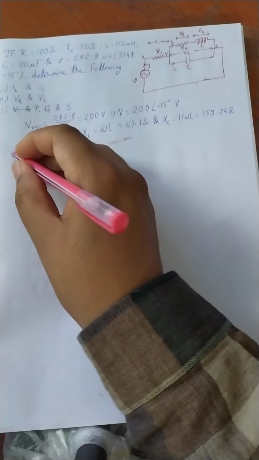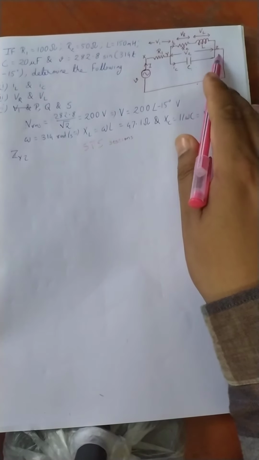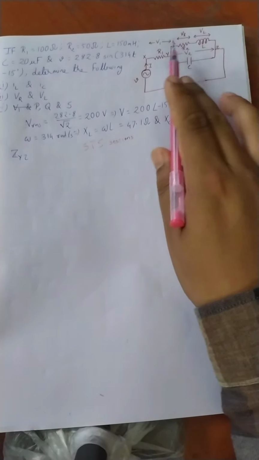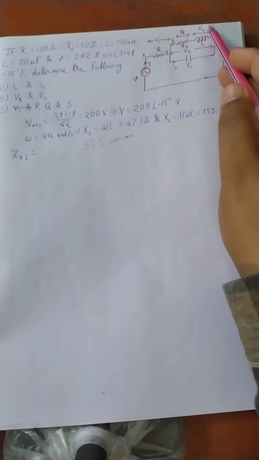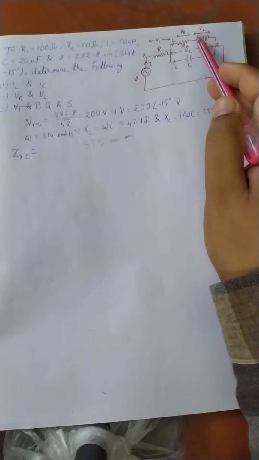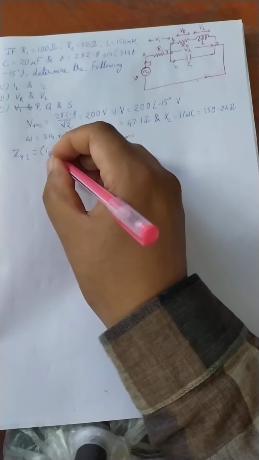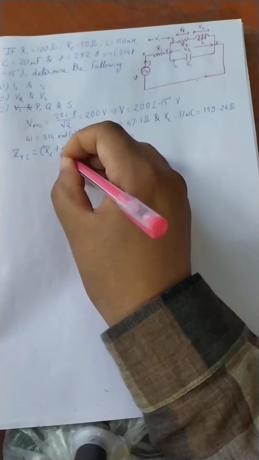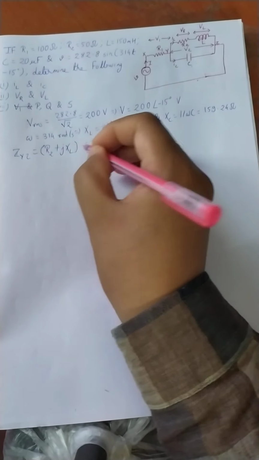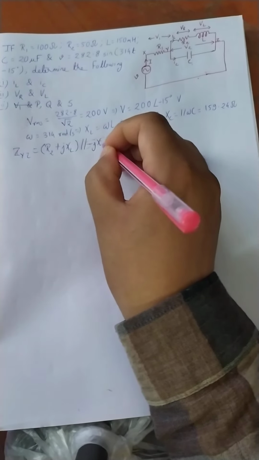So let us find Z_YZ, because this is point Y and this is point Z. The impedance between Y and Z will be: this RL combination is in parallel to the C. We can write it in this way: R2 plus jXL is parallel to minus jXC.